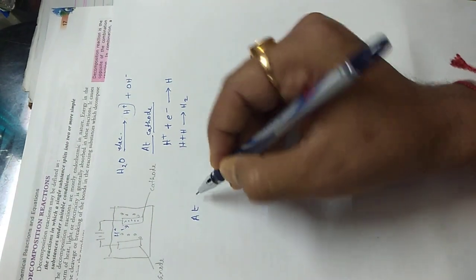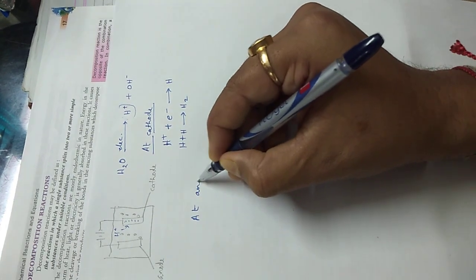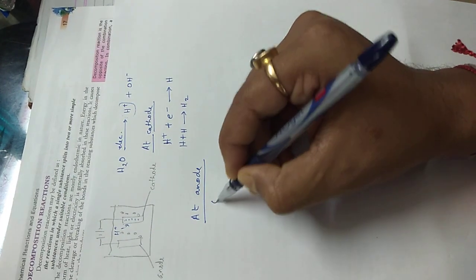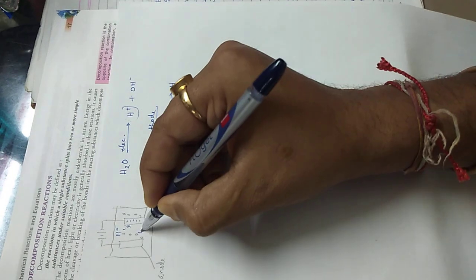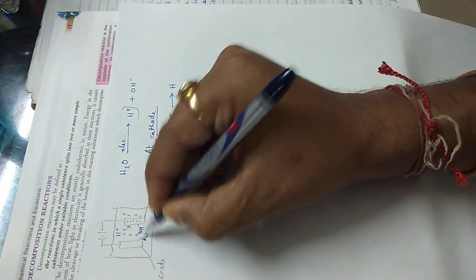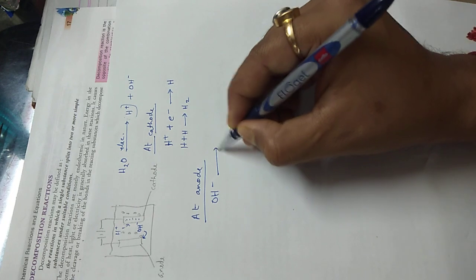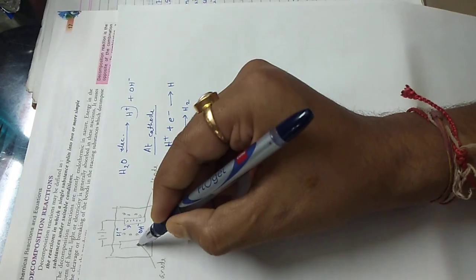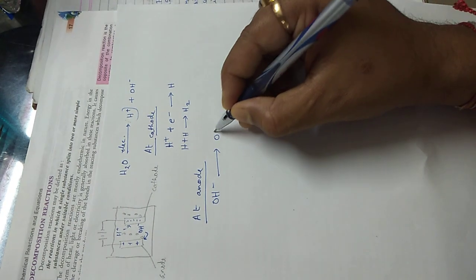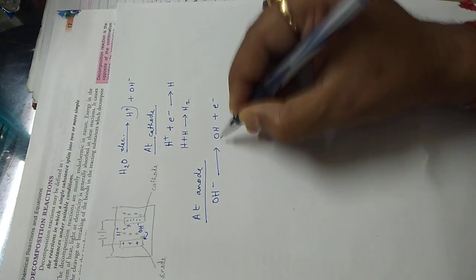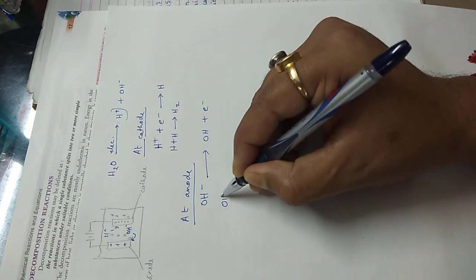What happens at the anode? The hydroxyl ion, OH minus, will travel towards the anode. The anode is positively charged, which means it has fewer electrons, so the hydroxyl ion will lose one electron and become OH. Like that, there are many OH.